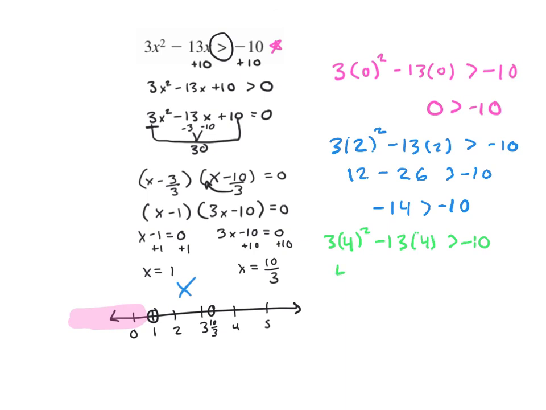Alright, and now 13 times 4 is 52. So 48 minus 52 is what? Negative 4. Is negative 4 greater than negative 10? So then we shade on the outside too.